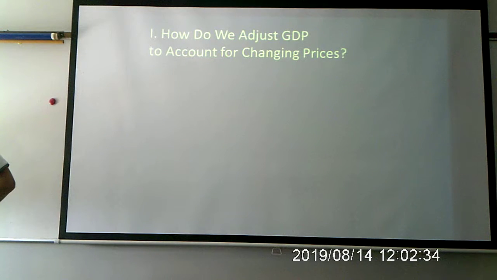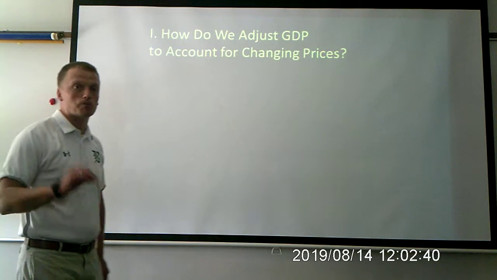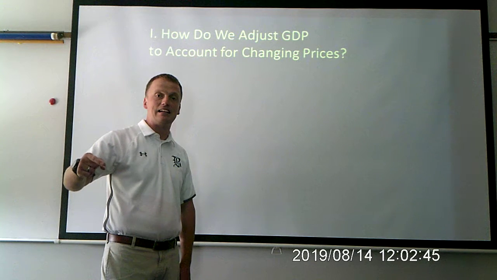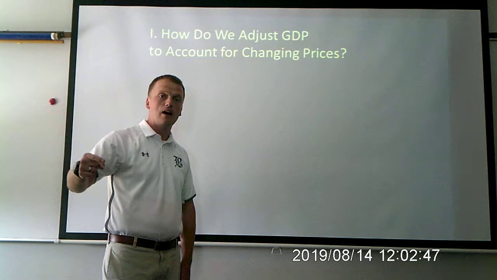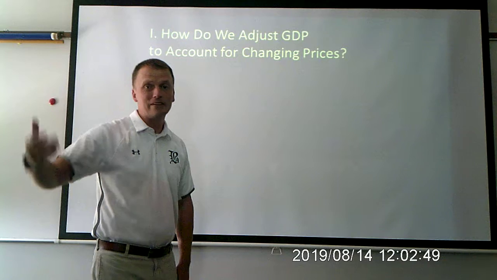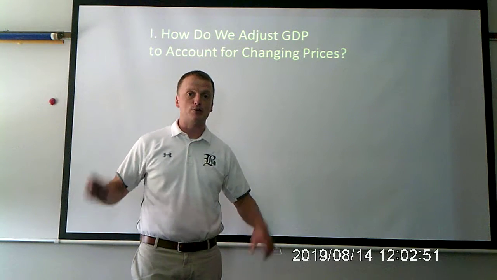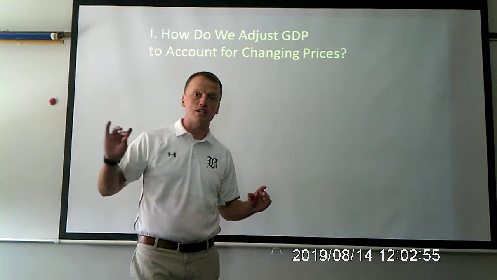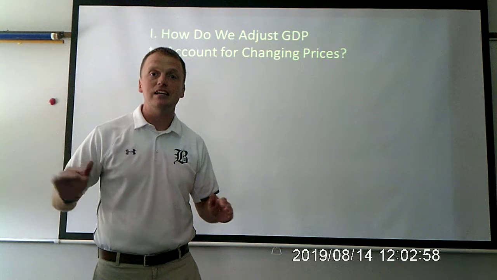So let's talk about how we adjust to account for changing prices. Obviously, things cost differently than they did in 1980, 1981, than they do today, or even in 2000, 2005. There are significant differences in the price levels, and we know that over time, price levels increase.